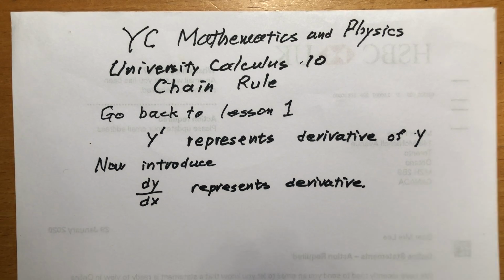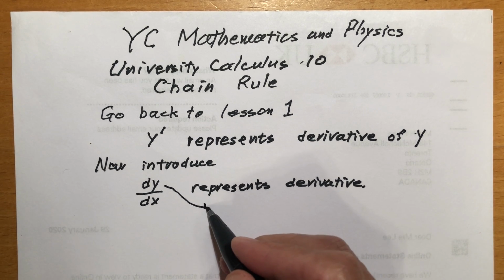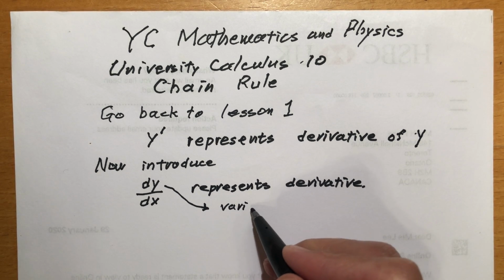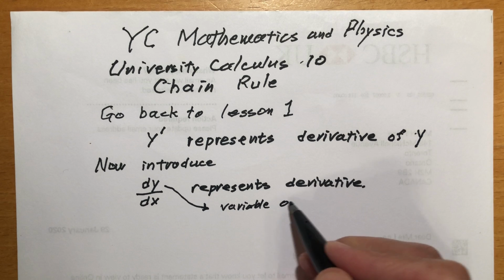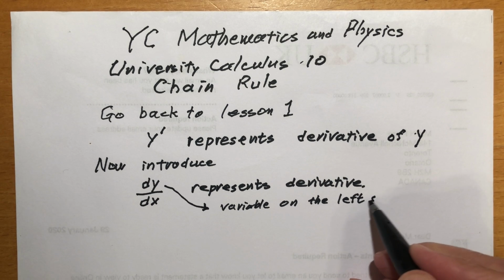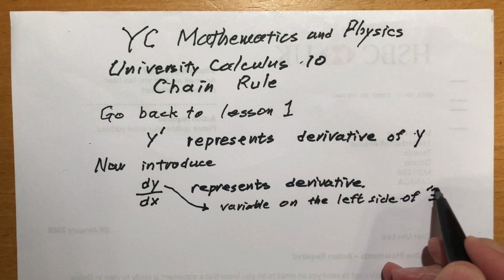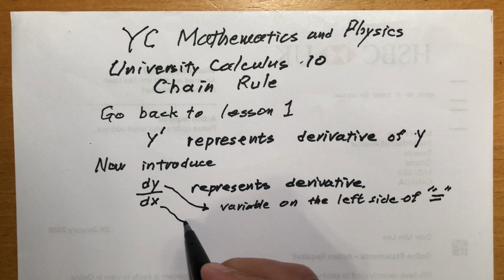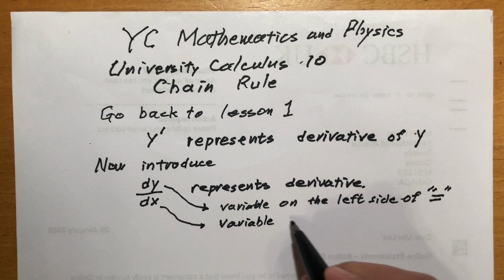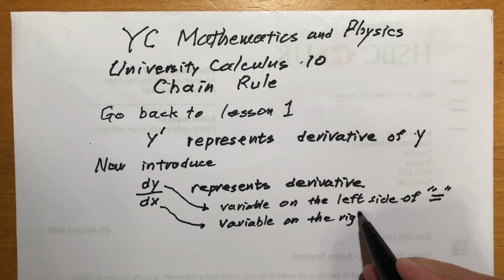Now, the y is the variable on the left side of the equal sign. What is x? X is a variable on the right side of the equal sign.